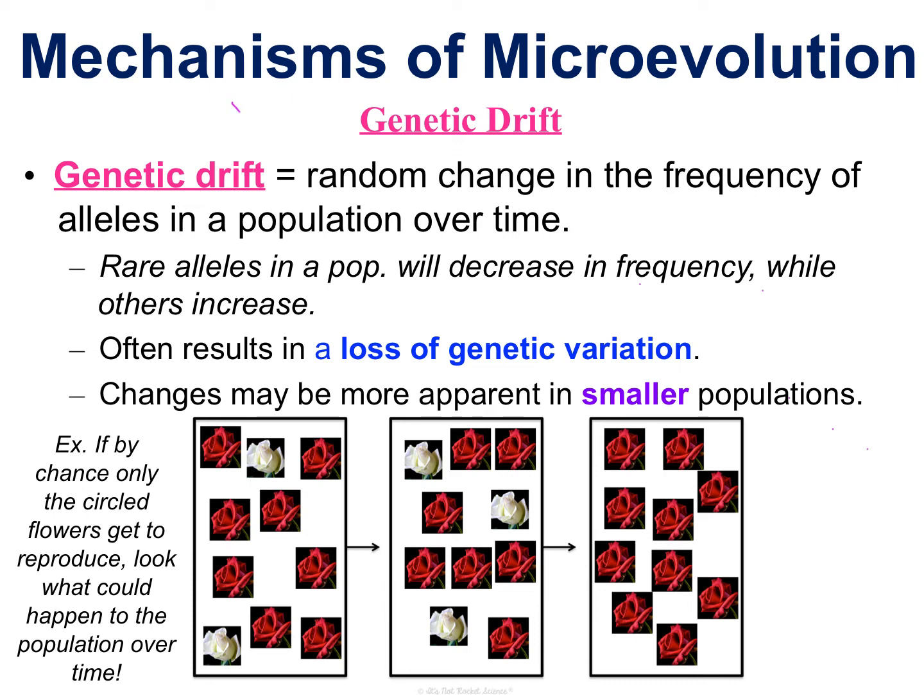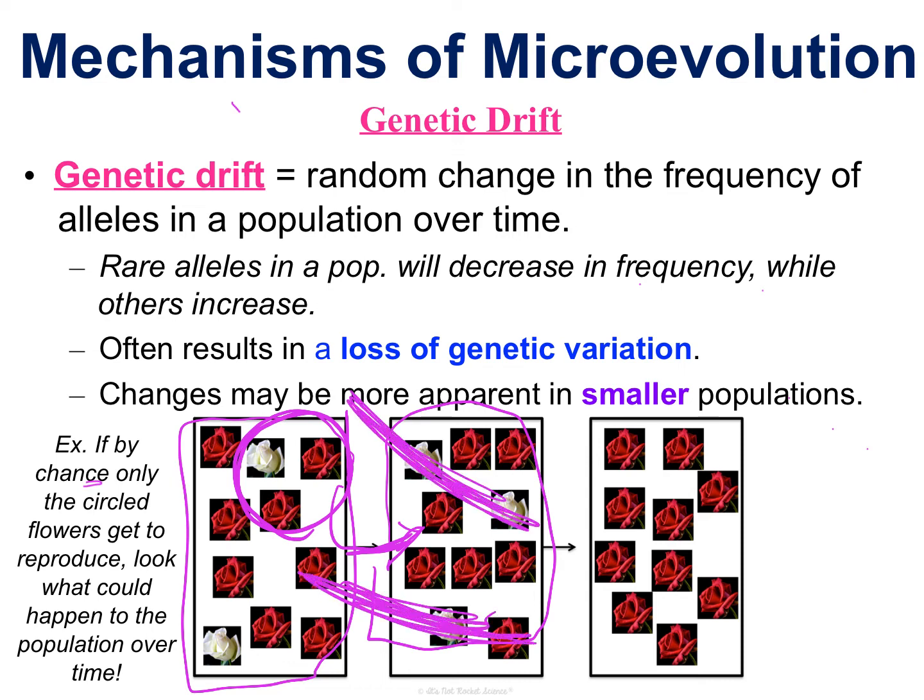So in my example here, let's just say that this is my original population of roses, and I'm going to take these 3 roses and they're going to breed, and this is going to be my new population of roses. And then by some sort of chance, a tree falls and crushes some of those flowers.